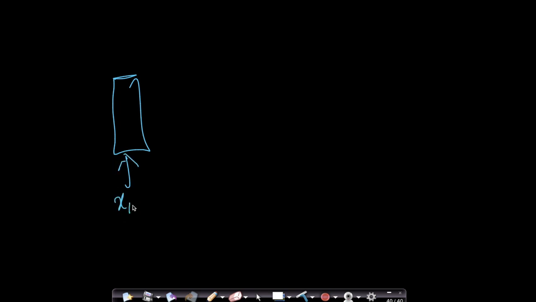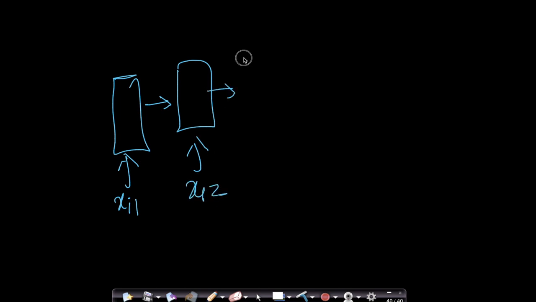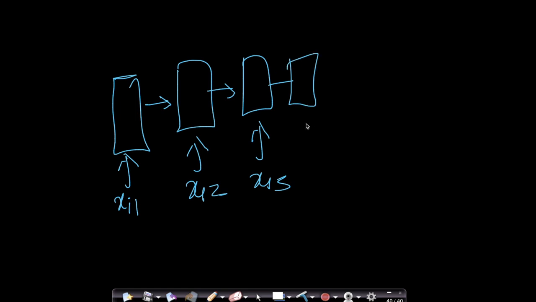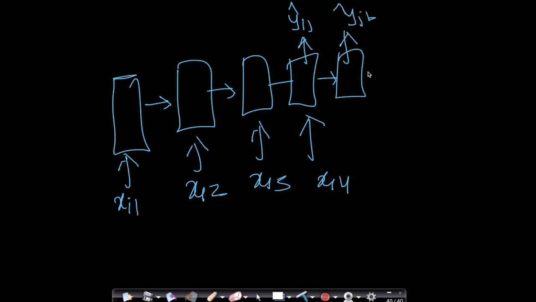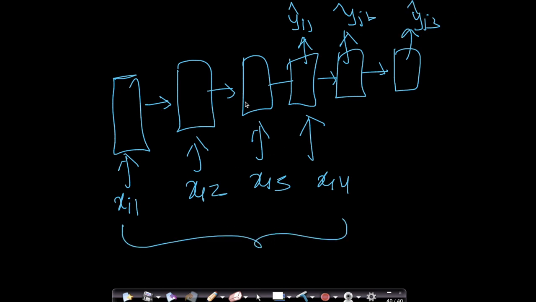I have xi1, and xi2, and xi3 and xi4, and this generates, let's say, yi1 and yi2 and yi3. This is my encoder part, this is my decoder part.